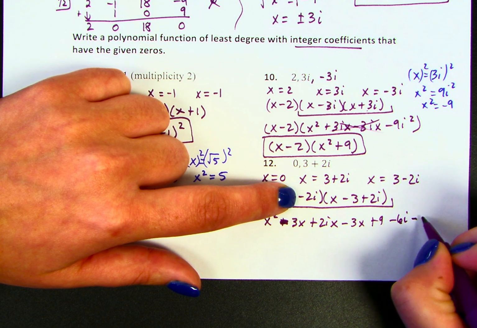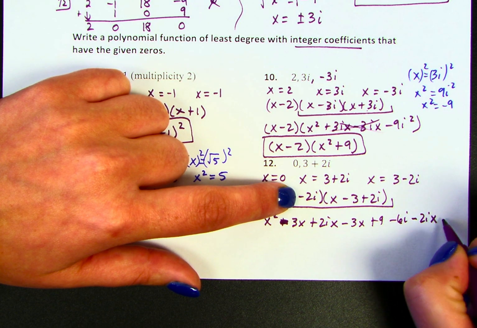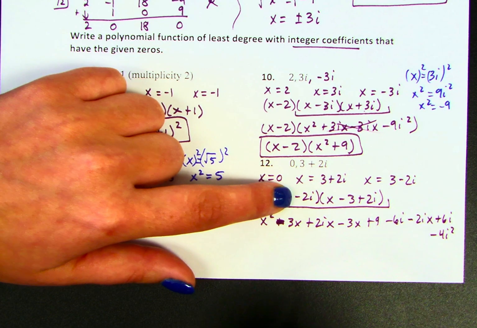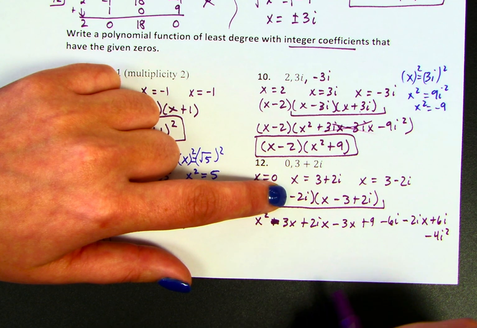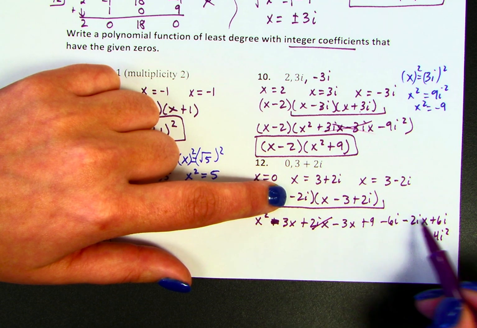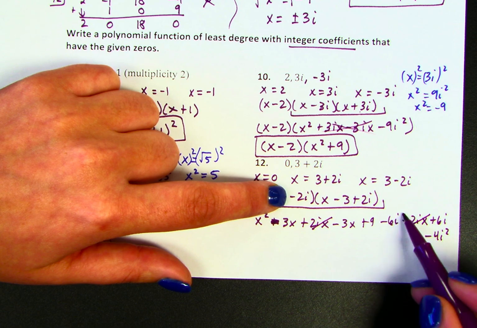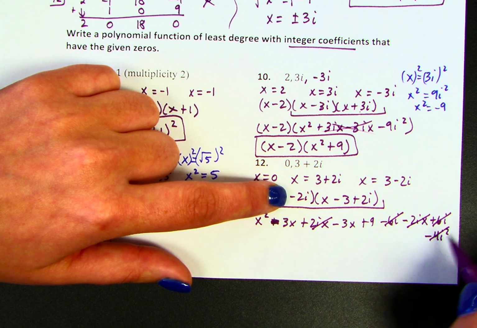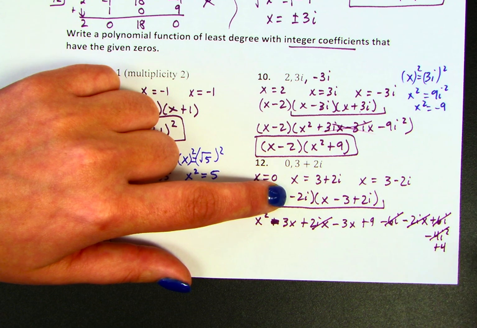So this will be minus 2ix plus 6i minus 4i squared. So as I'm looking at this, negative 2ix and positive 2ix cancel. I have a negative 6i and a positive 6i that cancels. And then this is really a positive 4, because remember our i squared is negative 1.